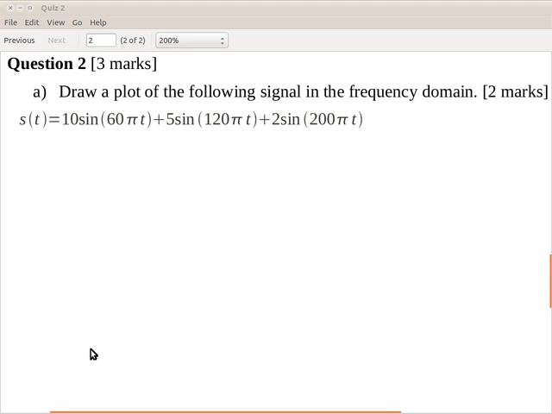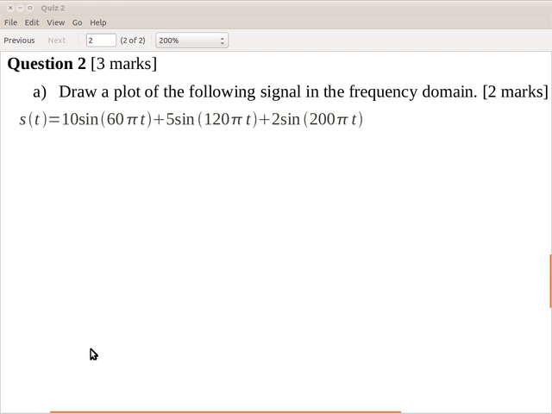So the first component, how do we work out the frequency component? We remember our general equation: 2 pi f t plus the phase. The phase is 0 in all of these.